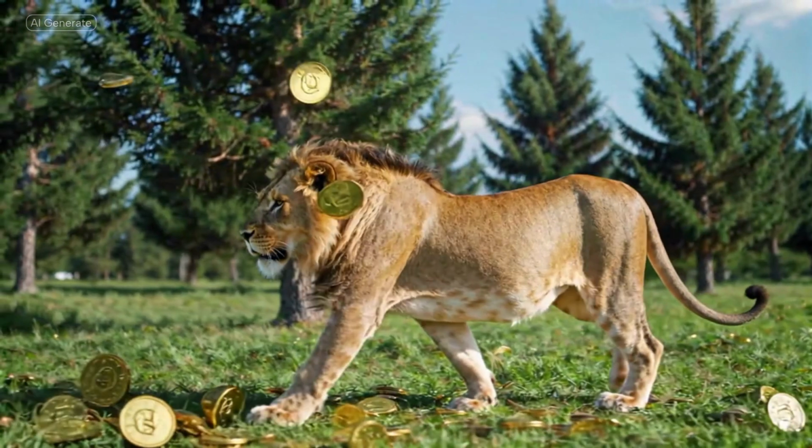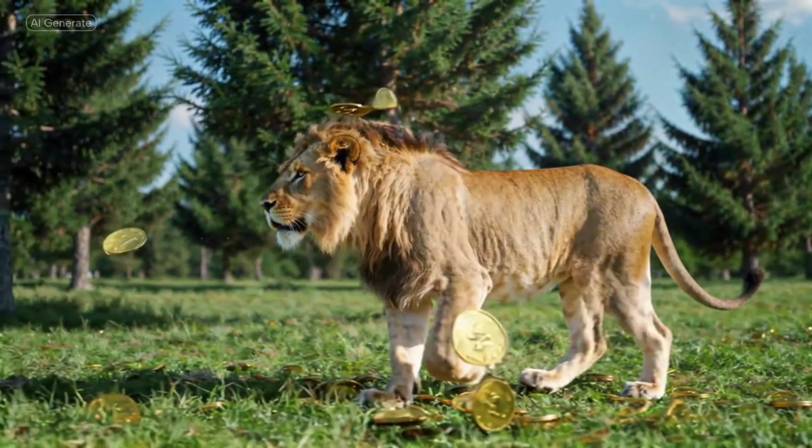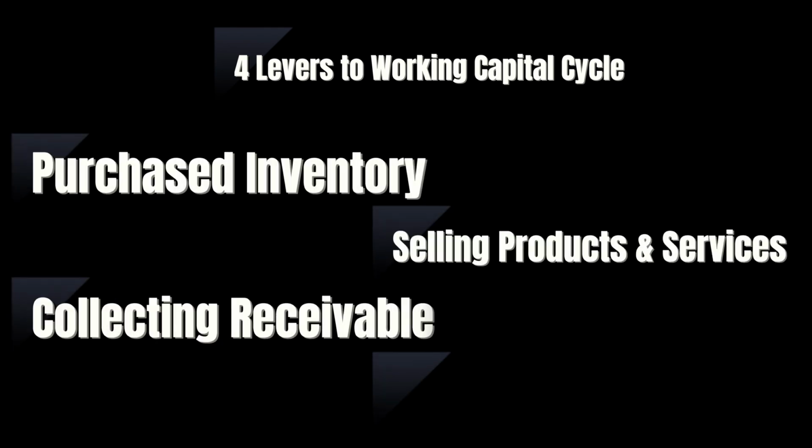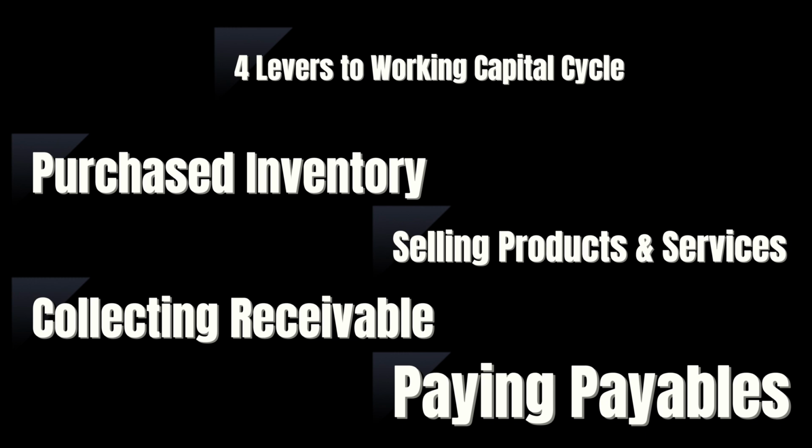Because let's be honest, cash is king, everything else is just a wannabe. In calculating your working capital cycle, we look at four levers: purchasing inventory, selling products and services, collecting receivables, and paying off payables. So we take these four variables and plug them into a formula.